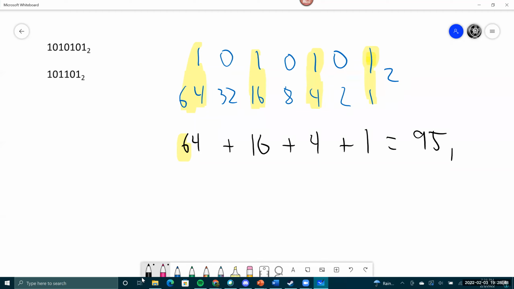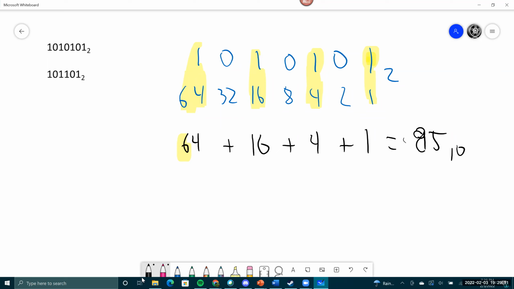This is 60, 70, 80, 85. So it's 85 base 10. Okay, so that's how you use your powers of 2. This is not dramatic. All it's really doing is saving you from writing out 1 times 2 to the 0, 1 times 2 and so on. So you don't have to write all that. You're skipping that part and just writing out the result of the multiplication.